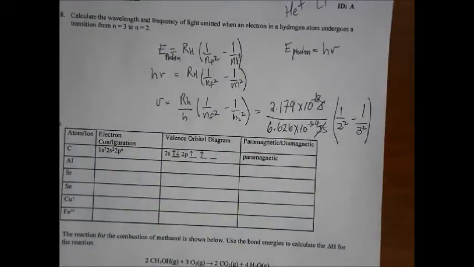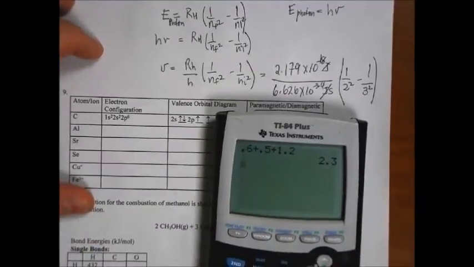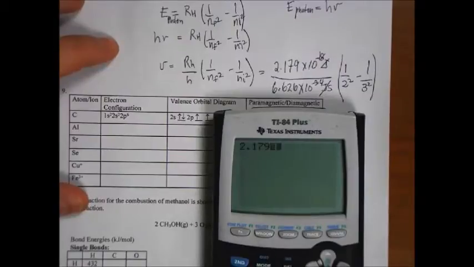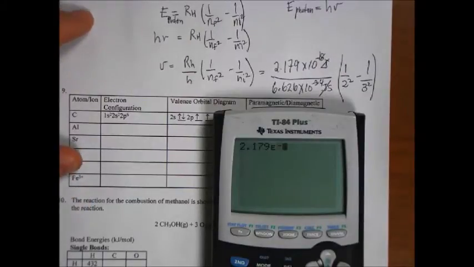So let me grab my calculator. I'm going to plug this all in so that you can see it. So 2.179 times 10 to the minus 18th divided by 6.626 times 10 to the minus 34.